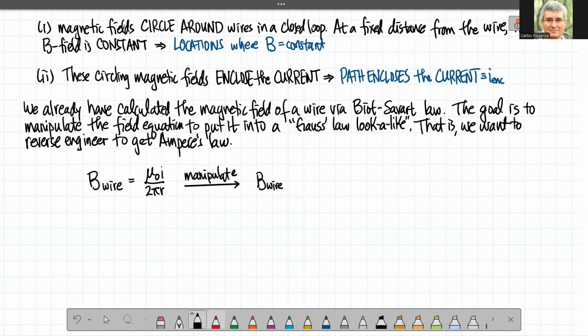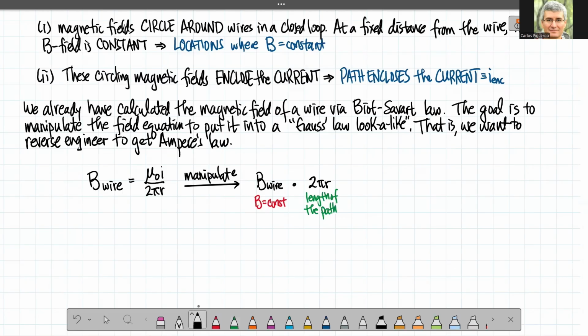So what does that B of the wire mean? This means that B here is going to be a constant. Then the second piece is that if I take that 2 pi r and bring it to the other side, I get 2 pi r, and this is the length of the path.